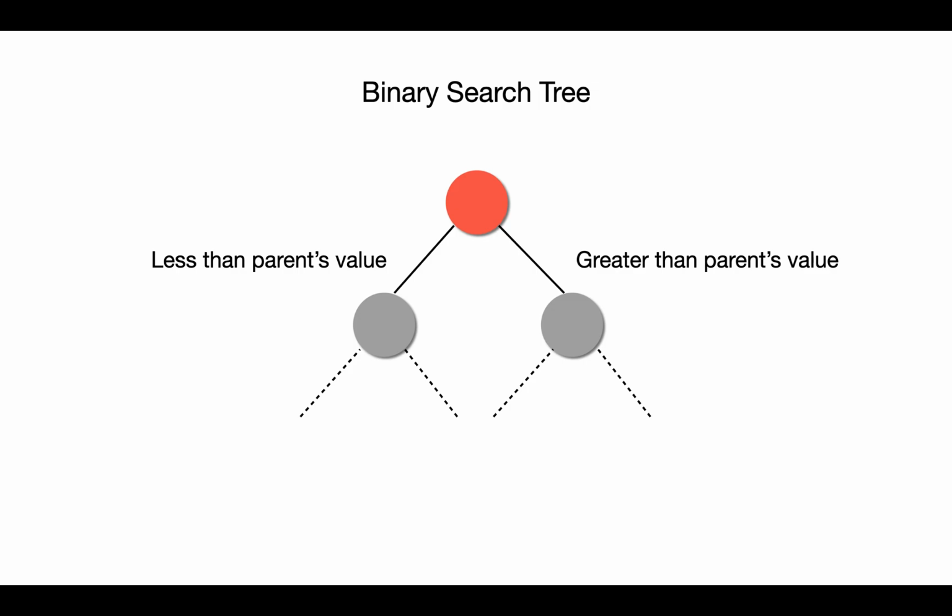So let's take an example. If we have these data elements, to put these items in a tree, first 200 will be the root node, and then the next element, which is 250, is greater than 200, so it will get added to the right.